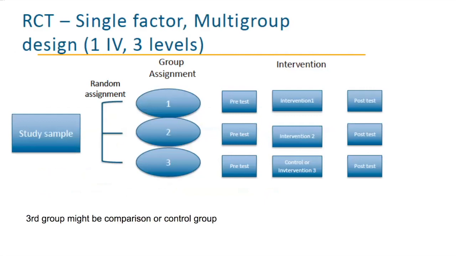Let's look at a different design, all right? It's a similar thing, but now you have another group. Let's say in your group 1 is ultrasound, group 2 would be general strengthening, and group 3 would be nothing, or just wait and see.